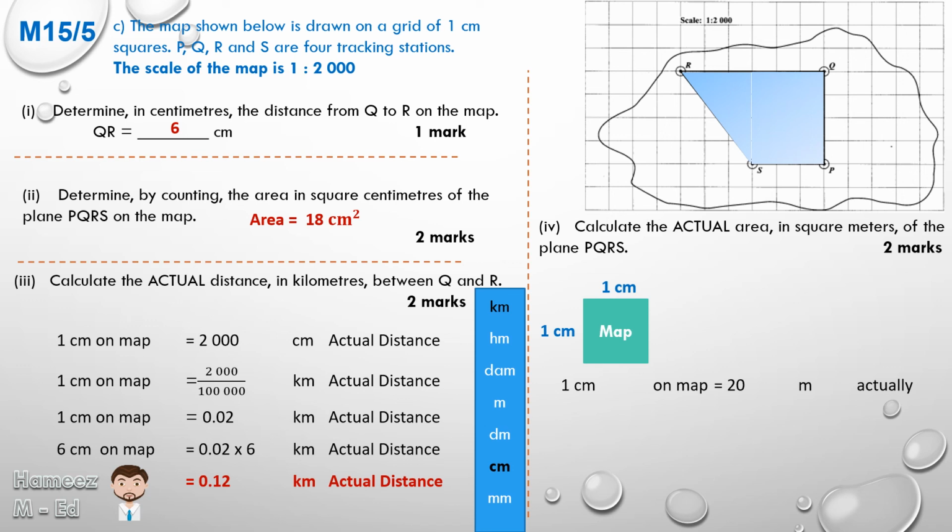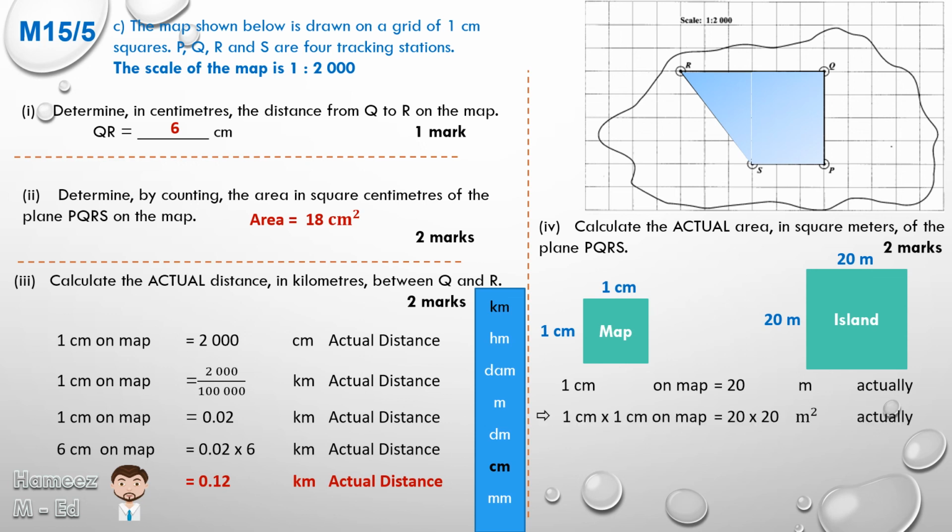So if we draw the island, we can see that 20 meters by 20 meters will be the island. So 1 cm by 1 cm on the map is equal to 20 by 20 meters squared. So 1 by 1 is 1 cm squared on the map, which is equal to 20 by 20, 400 meters squared actually. So we have a ratio.